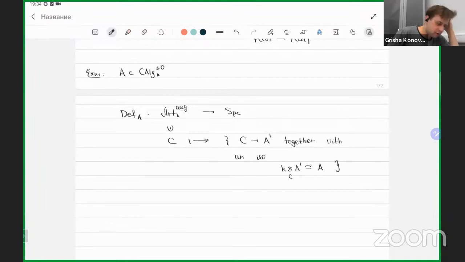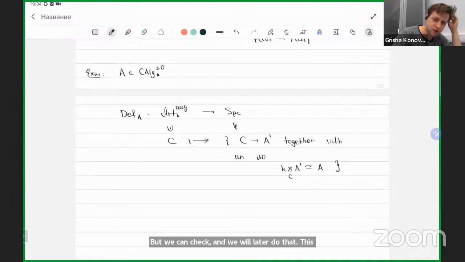So a few remarks here. First, a priori, this defines a functor with values in infinity categories. But we can check, and we will later do, that this functor in fact takes values in spaces.